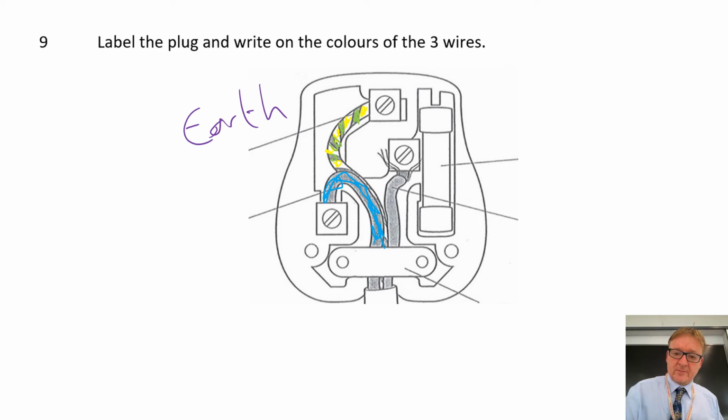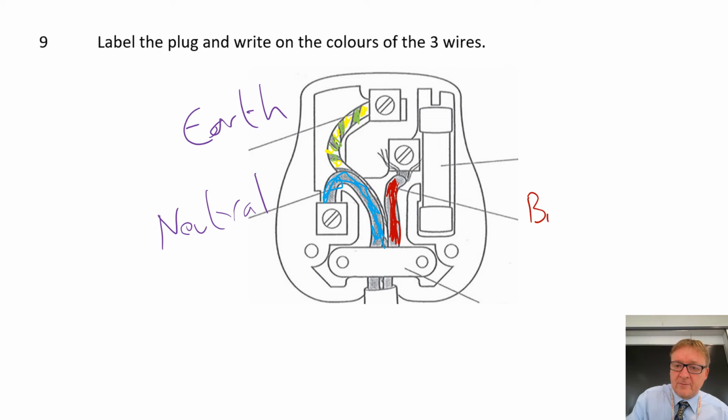And the blue one is the neutral. Now, the last one, I haven't got brown, so I'm going to colour it there, and we'll pretend that is brown, and we will call that the live. Other things that are on there: we've also got the fuse, and the wire clamp.